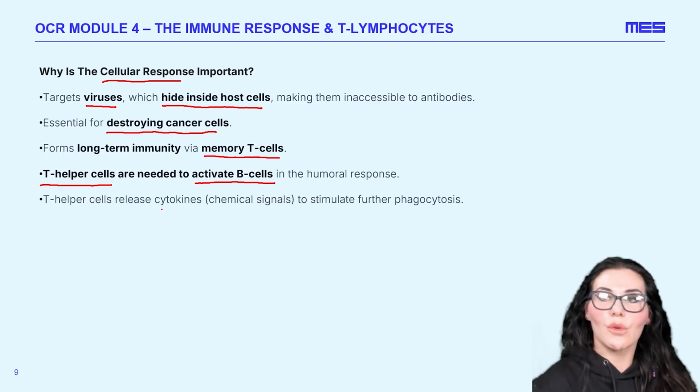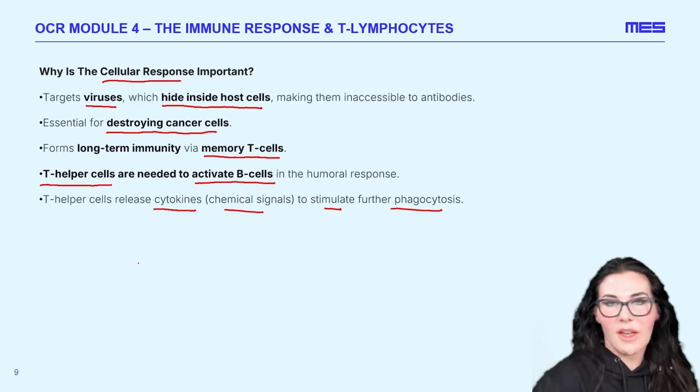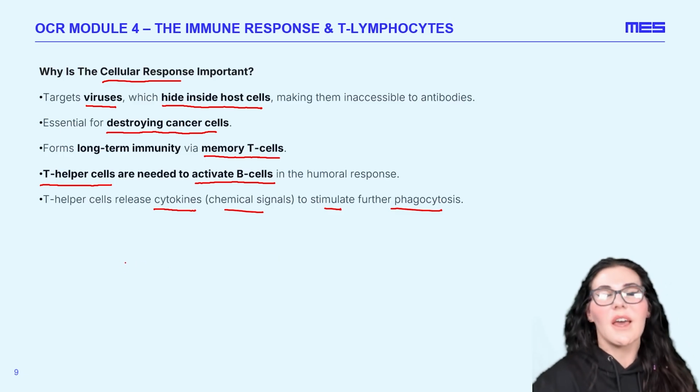T helper cells also release other cytokines or chemical signals which stimulate the phagocytes to carry on doing their job, to ensure that you are killing any cells which are invaded by pathogens, by the viruses, as quickly as possible.